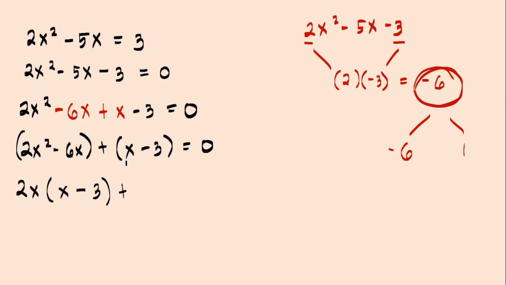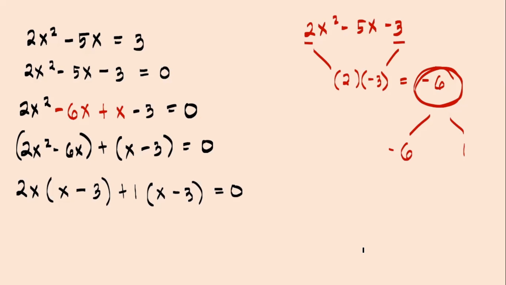That is 1 multiplied by x. Factor ni 3, that is 1 multiplied by negative 3. So, ano yung common factor? That is 1. Okay? Okay, so next. X divided by 1, that is x. Negative 3 divided by 1, that is negative 3 is equal to 0.